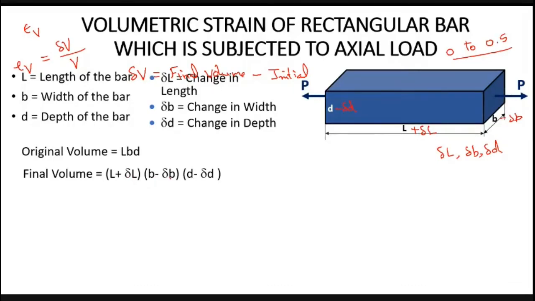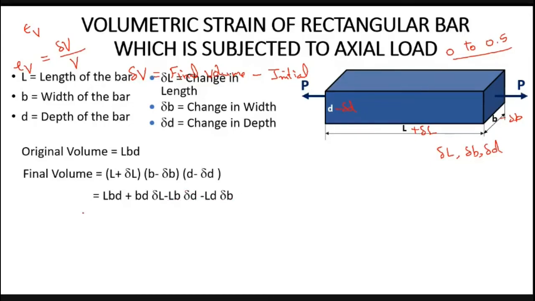Minus del L del B, where two dels appear I leave it out. Then I multiply with the other term and we get something like this. Whichever term has two dels, I am eliminating, because it is a very, very small value. So I will get LBD plus BD del L minus LB del D minus LD del B. This is what we get.